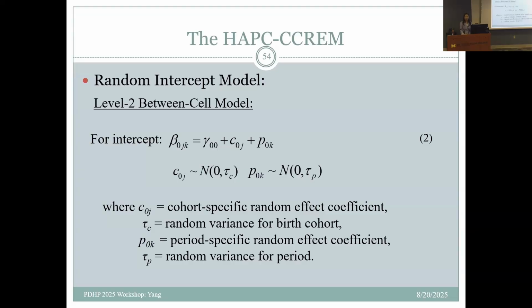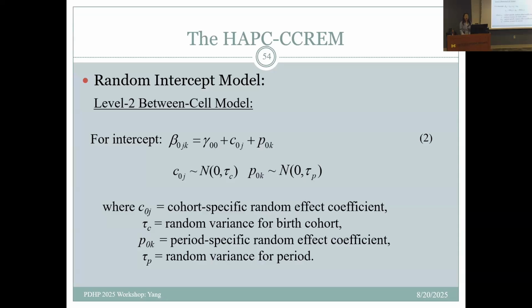where the cohort random effect C0j and the period-specific random effect coefficient P0k are both normally distributed with mean of 0 and variance of tau C for cohort random variance and tau P for period random variance.